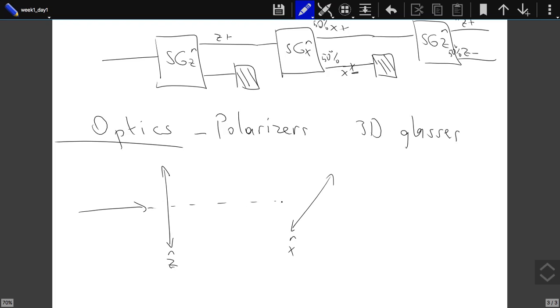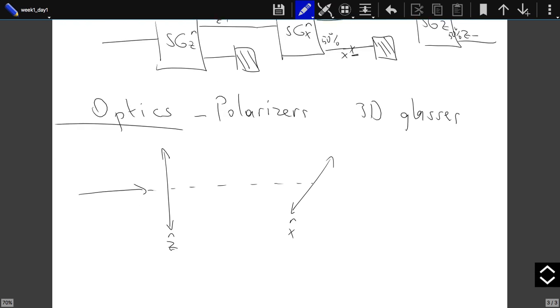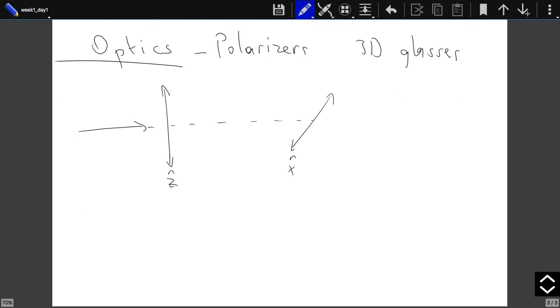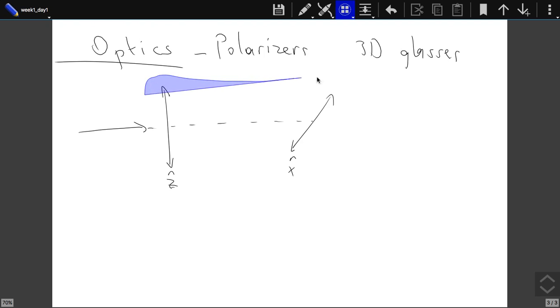You shine some light through the first one, and it will be completely blocked in the second one. Essentially the first filter just chooses light with a given polarization. The second filter chooses light in a perpendicular polarization, so there won't be anything passing through it. But let's do this experiment.